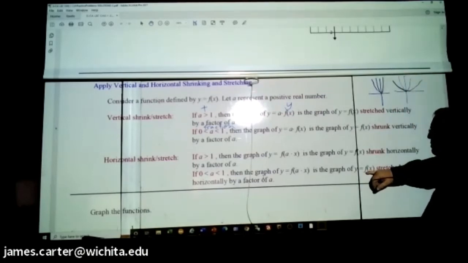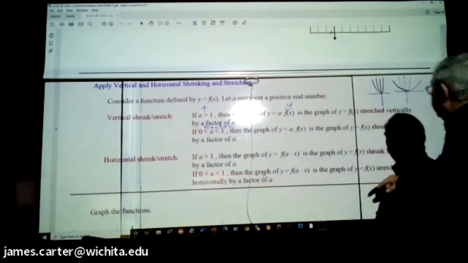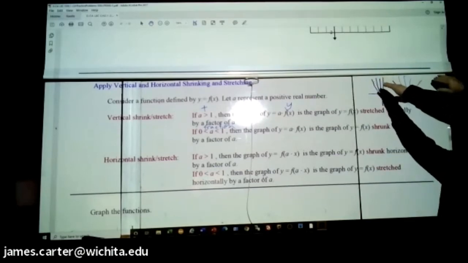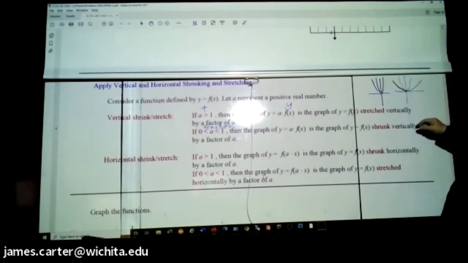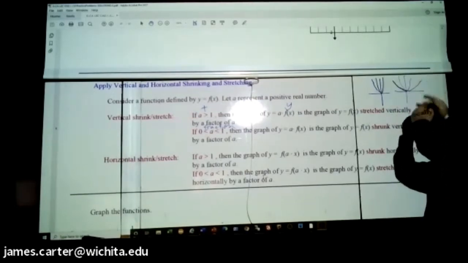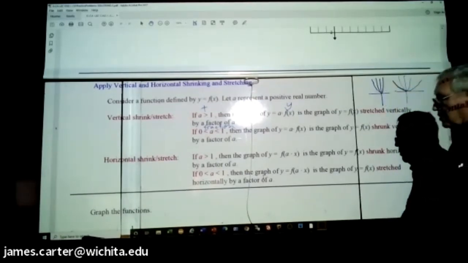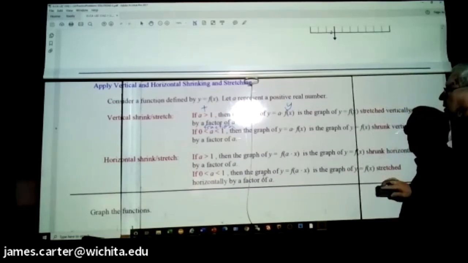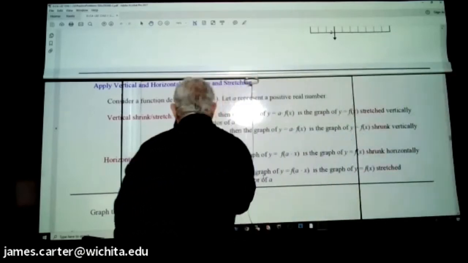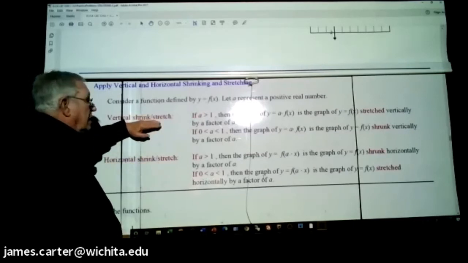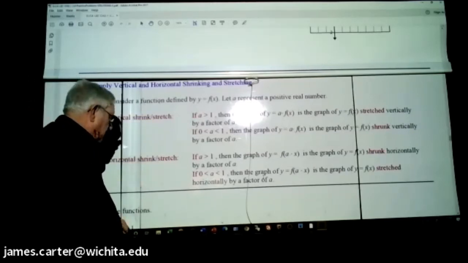If you make x smaller, a fraction, then you're going to stretch it horizontally or flatten it. If you make that one bigger, then you're going to steepen it. In other words, these are reciprocal types of actions. The horizontal stretch is kind of the reciprocal of the vertical stretch.